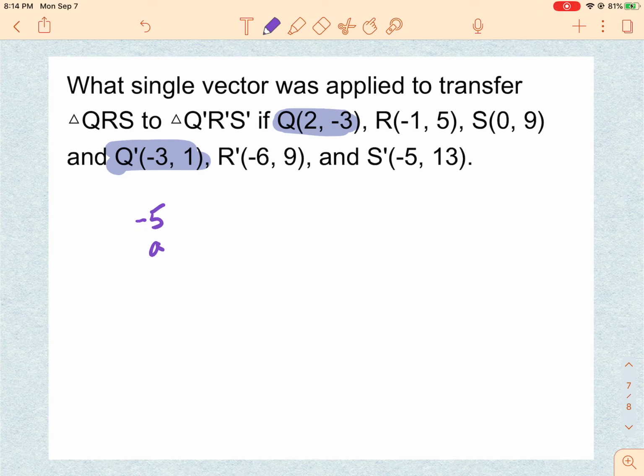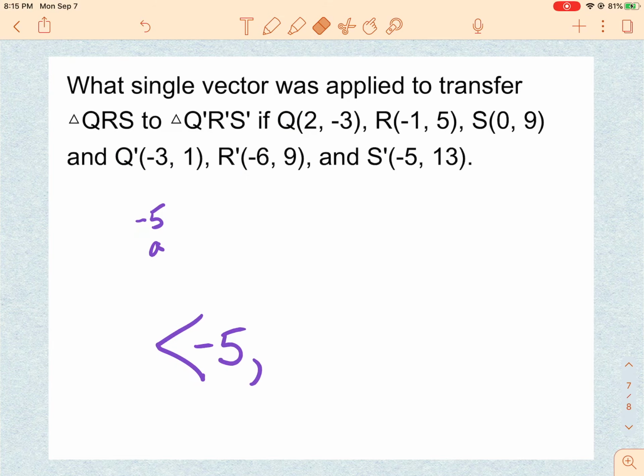Take a look at the exact same thing for the R and R prime. Going from -1 to -6, did you go 5 to the left? Yes. Take a look at 0 to -5, did you go 5 to the left? Yes. So -5 is our first.